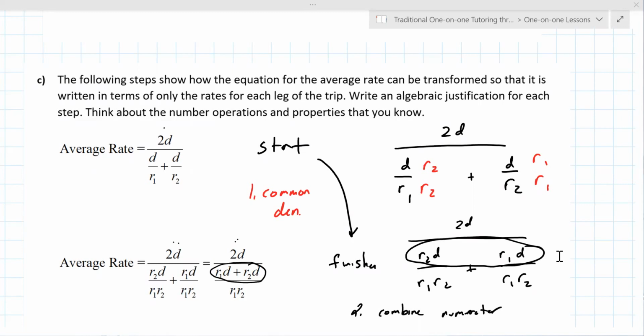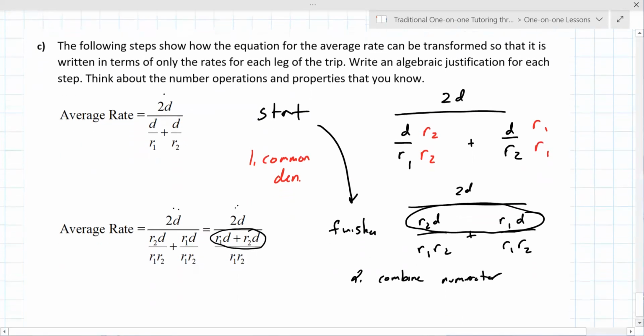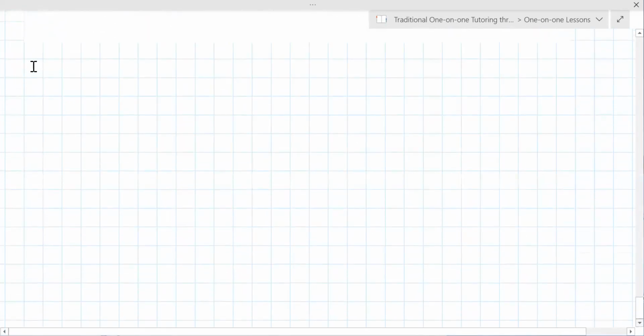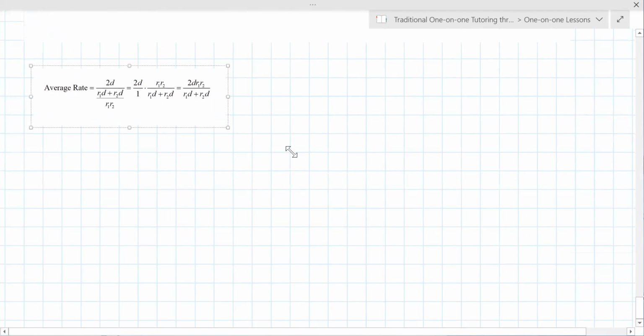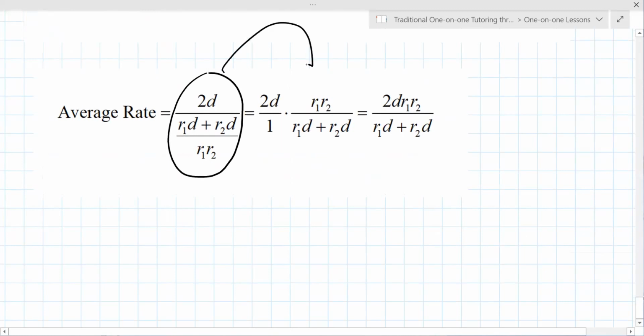Okay, so the next step here is still part C. This is all part C, just in case it's not clear. What they want to know is, how did you go from this right here to this right here?